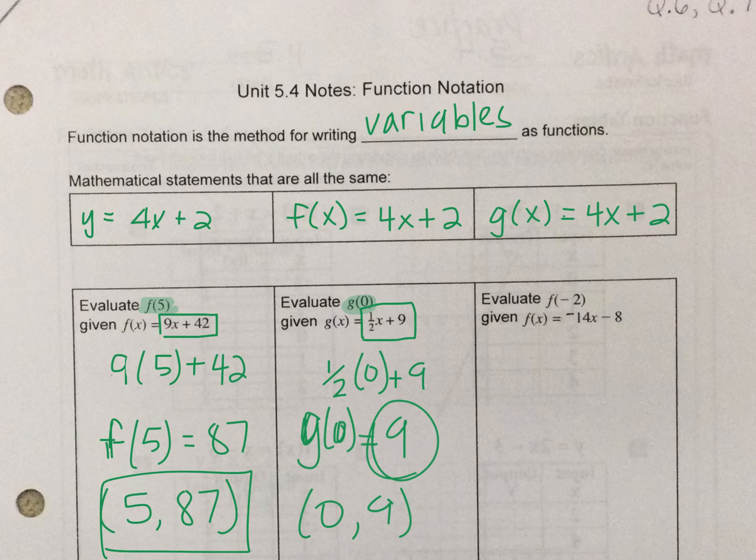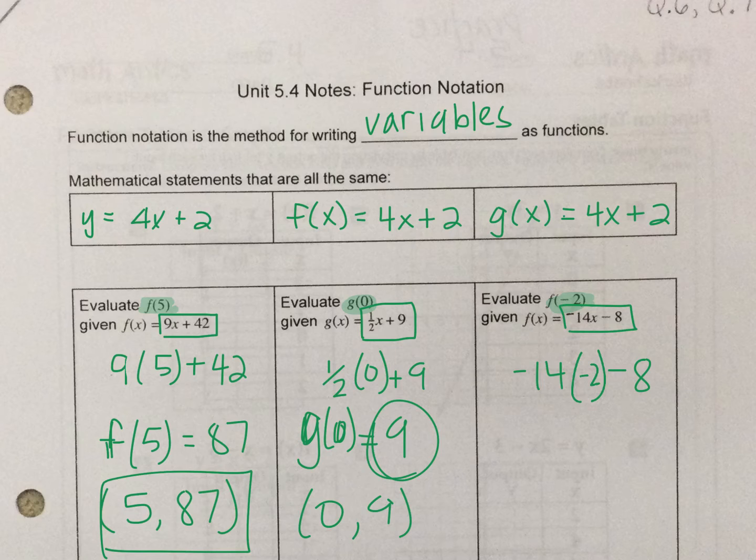All right, let's do this last one. What I'm dealing with is negative 14x minus 8. And it wants me to put in that negative 2 for my x. Parentheses are so important. Negative 2.